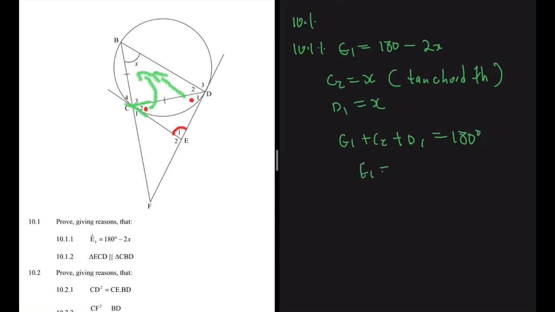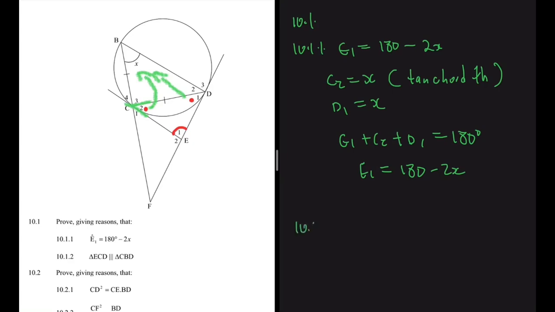So we can find E1 by saying that it will be equal to 180 minus C2 minus D1, which are all equal to X. So it's 180 minus 2X, and that's how you find E1.